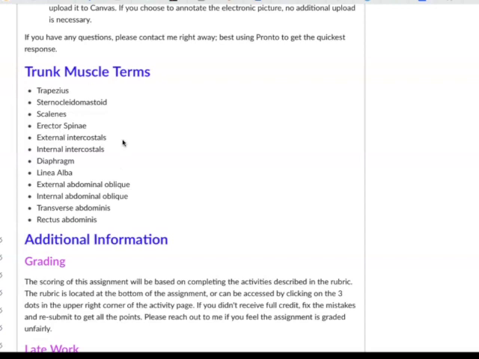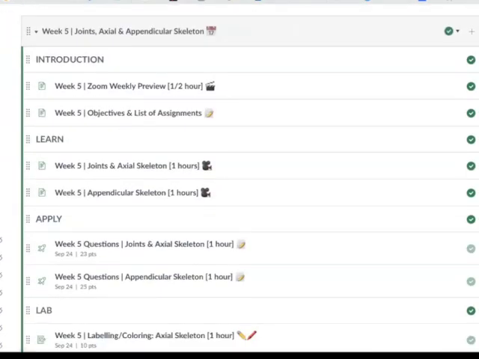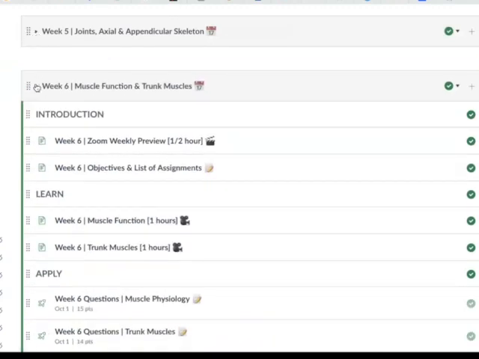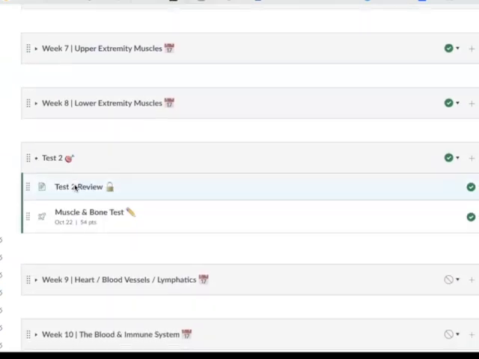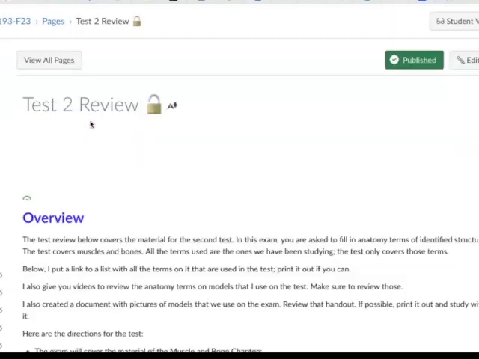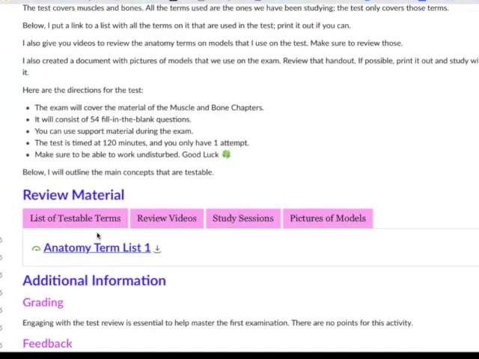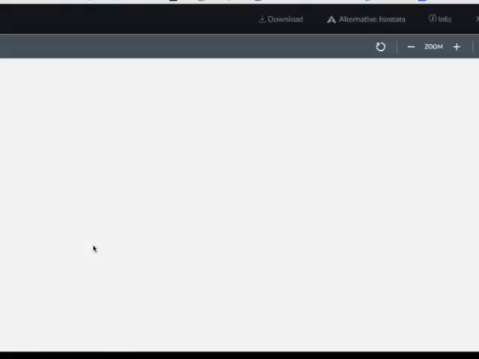So make sure of that, because sometimes I have some students who either don't label, they only label the bones, for example, or they label so many things, which is great. But as it comes then to the test, you mess your brain up a little bit, because it can be overwhelming. And so make sure as you go through the material, you go through the test review, and for sure, minimally, print out this list.